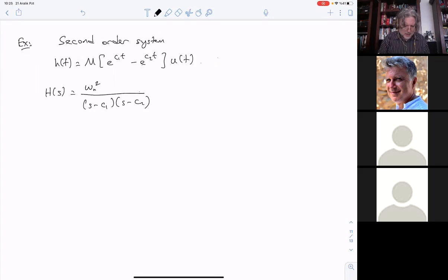One of them is this kind of notation, because the poles, as we know, will be at c1 and c2. So it's clear how we can come up with this. Or omega n squared divided by the denominator being in an open form of second order polynomial, quadratic polynomial of s, like this.